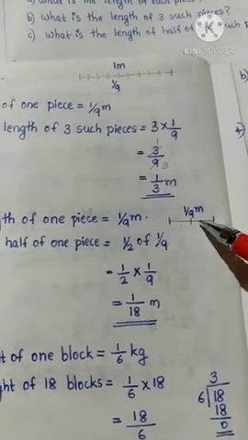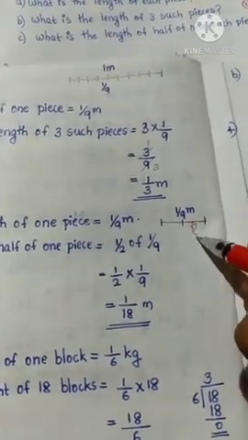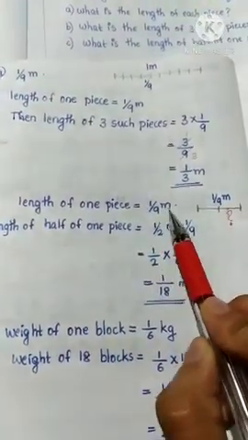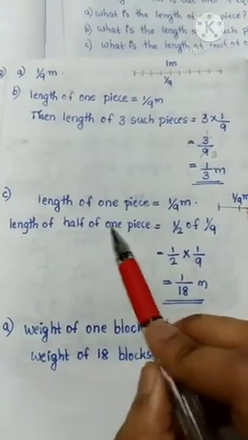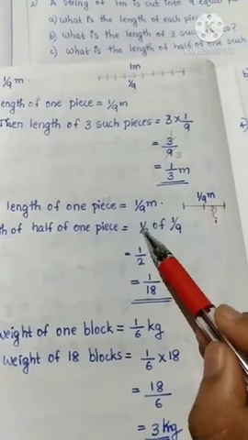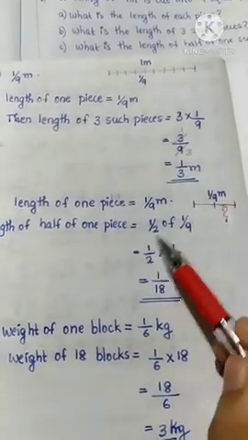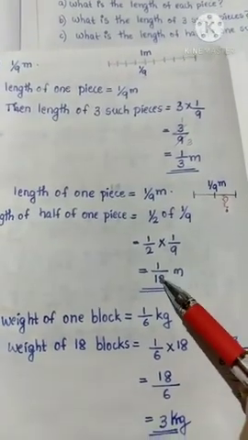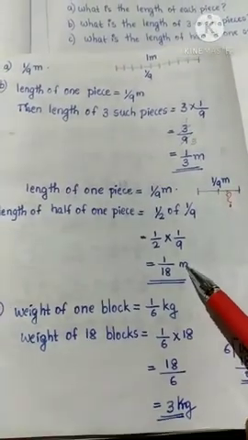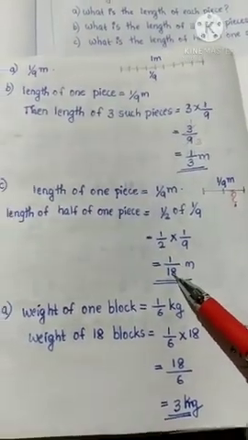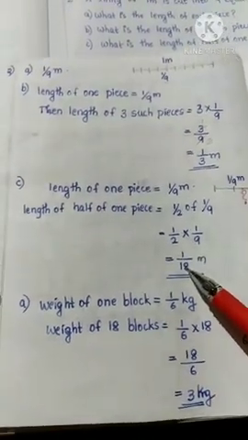Then you have to find out the length of one piece. Half of 1 by 9, that is multiply half and 1 by 9. 1 into 1 is 1. 9 into 2 is 18. 9 twos are 18. So the answer is 1 by 18 meter.